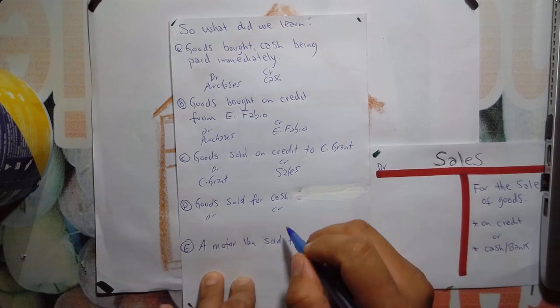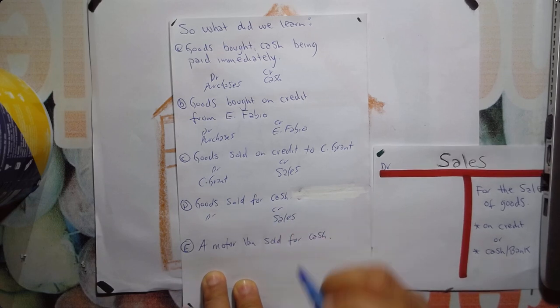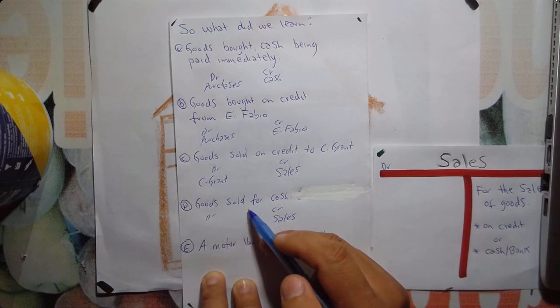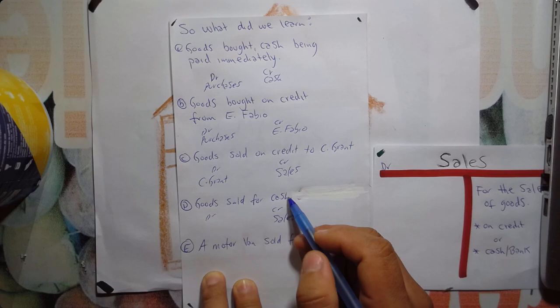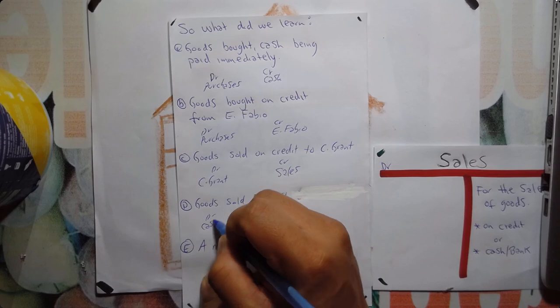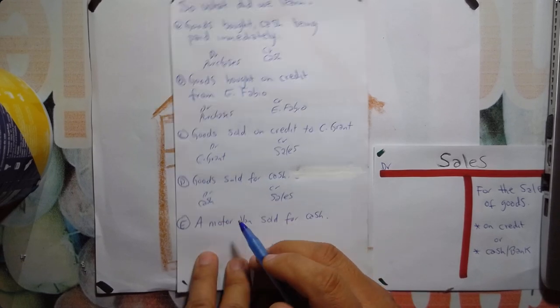Well, you will need to do a credit entry on the sales T account, like previously, right? Now, if I am selling goods for cash, then what is the effect on cash? Well, will we have more cash or less cash? Well, we will have more cash. So that's why we debit the cash T account.